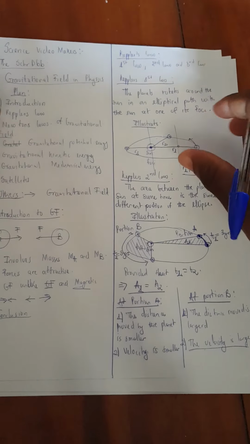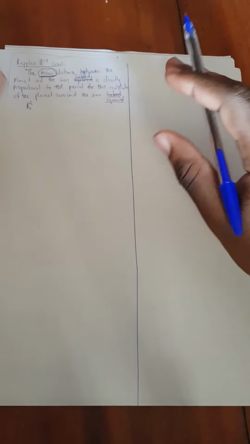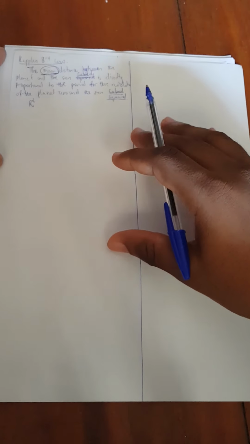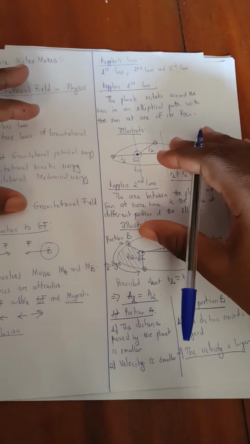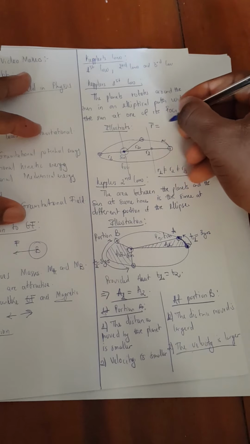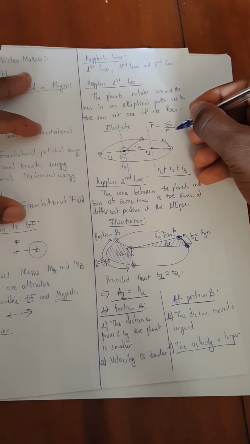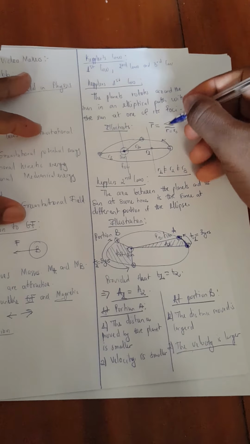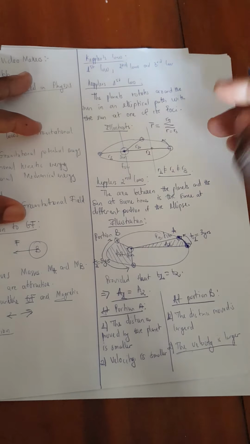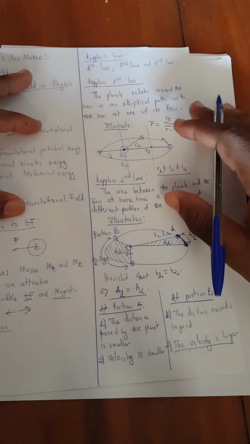So this is why the word mean has been used: the mean distance between the planet and the sun. For me to find the mean of the distances, I am going to sum all the distances from r0 to an infinite number of points in order to have the mean distance.